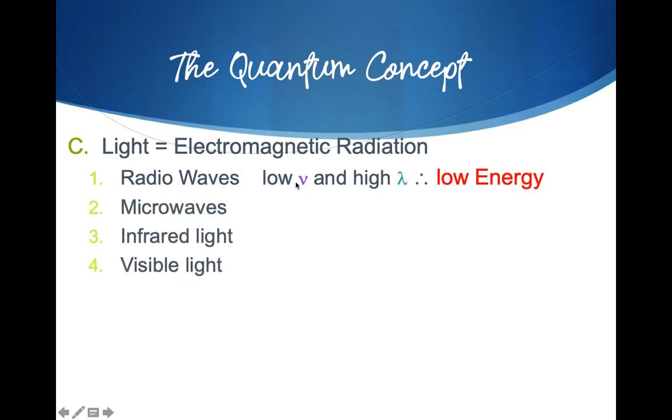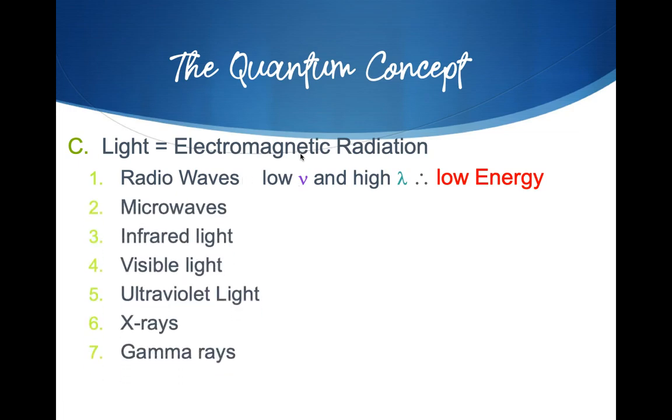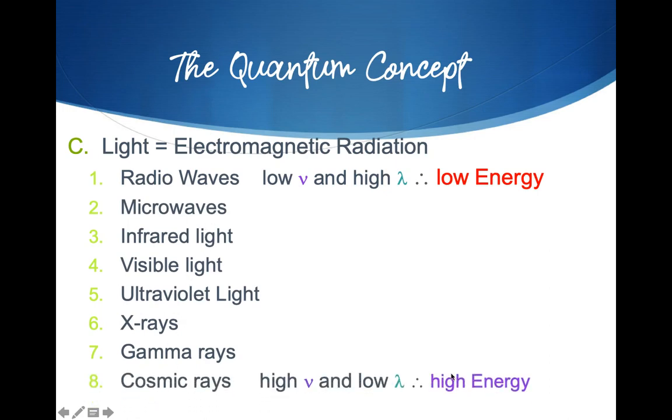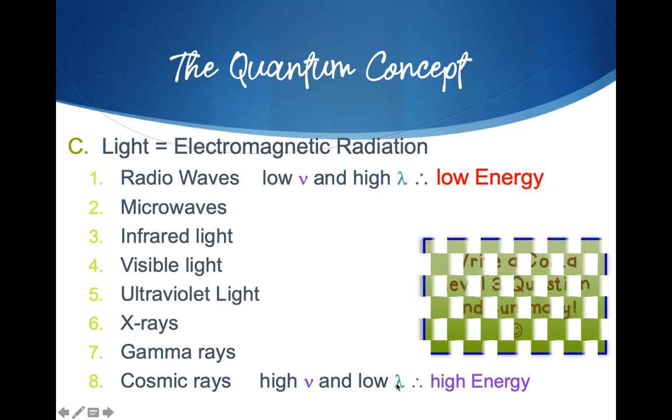And then through the electromagnetic radiation spectrum, it just goes higher and higher, eventually to cosmic rays, which would be our highest energy, our highest frequency, and our lowest wavelength, because it's a really short wavelength. It repeats itself very many times in a certain amount of time, like seconds, like hertz. And so high frequency, high energy, low wavelength.